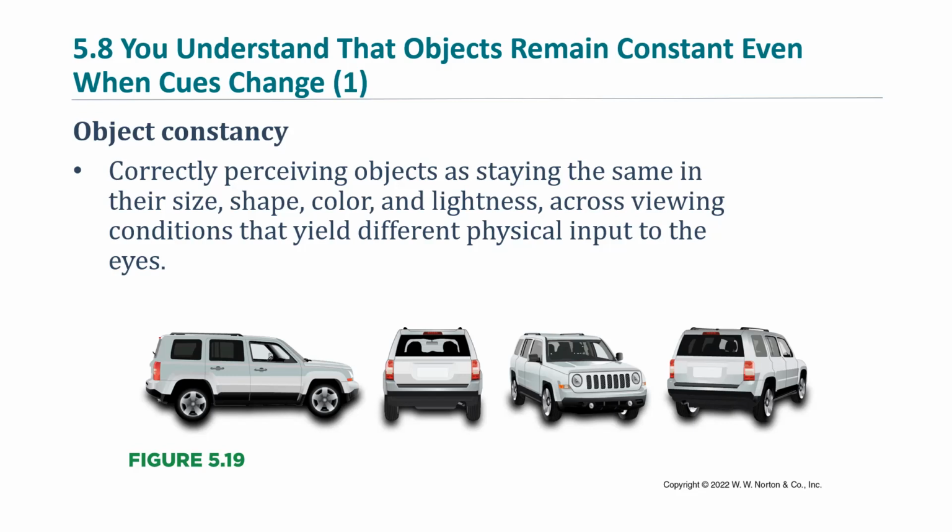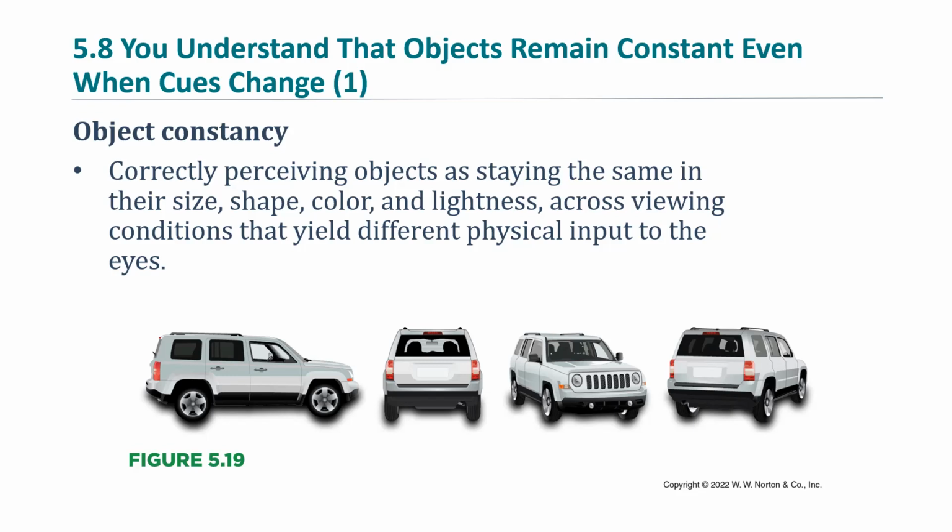Under certain lighting conditions it's going to look darker, and if I'm out in the sun, it's going to look lighter, compared to if I'm inside in a darker room. The color can even change depending on what types of lighting there is.